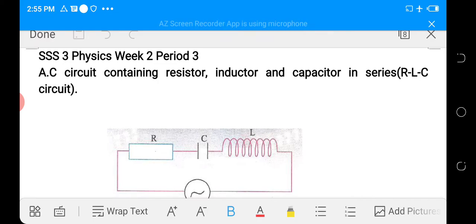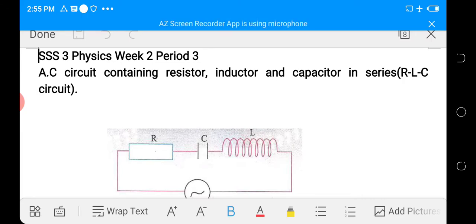I'm welcoming you to the last class, which is going to be our third class of e-learning for this week. In this class today, we want to look at series combination of resistor, inductor, and capacitor. Remember, in our previous classes, we've seen how we can combine any two of resistor, inductor, and capacitor.